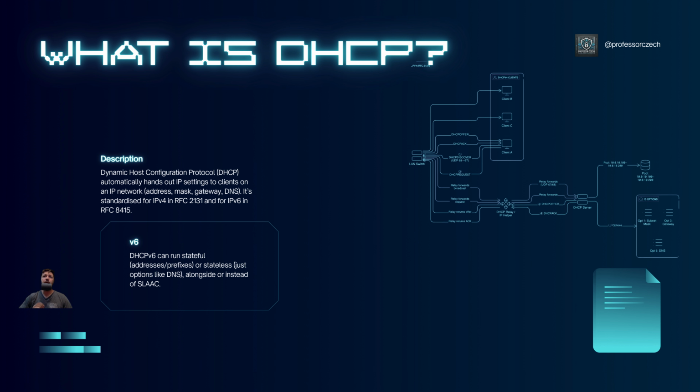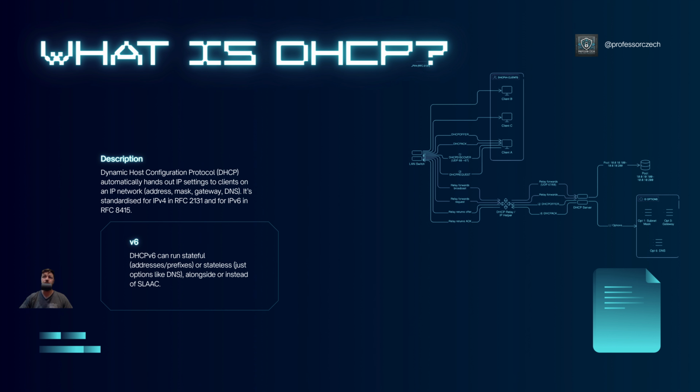DHCPv6 can run stateful, where the server tracks who got which address and can even delegate whole prefixes to downstream routers, handing out blocks of seats, not just one.